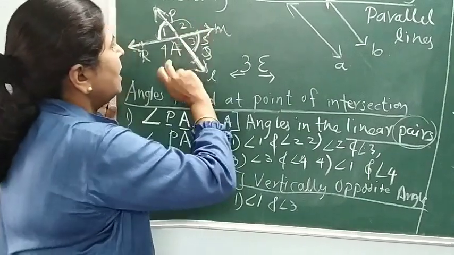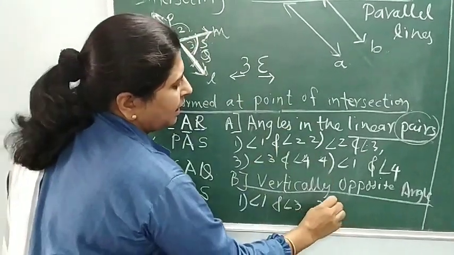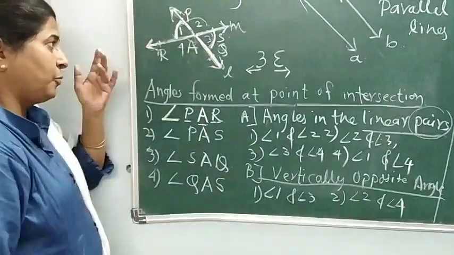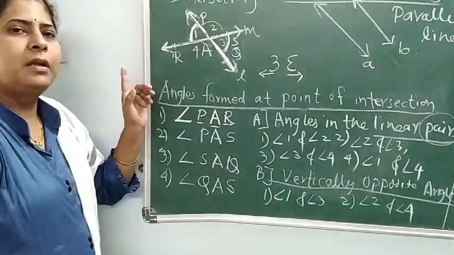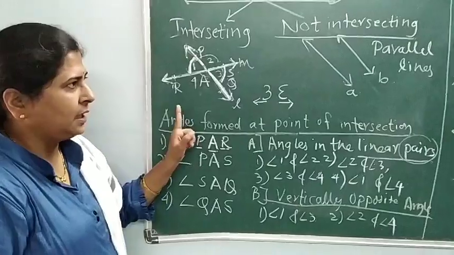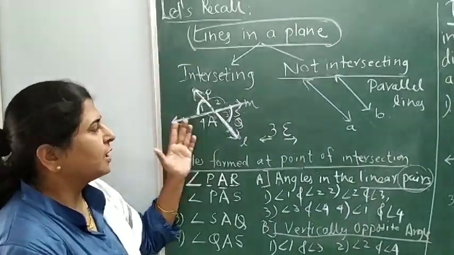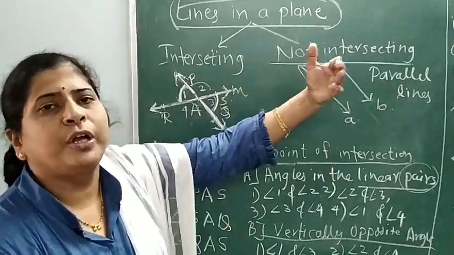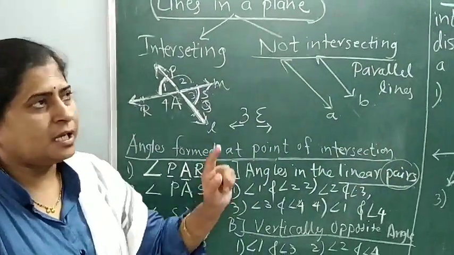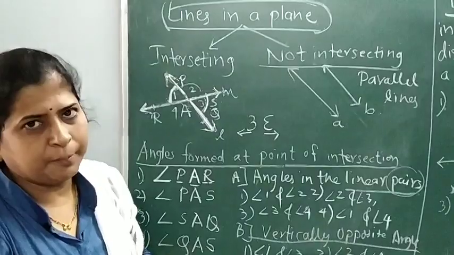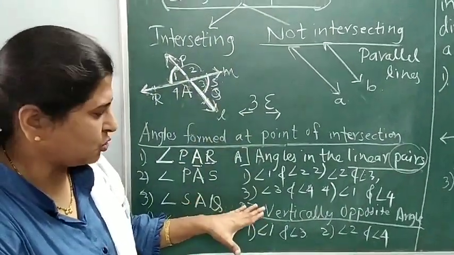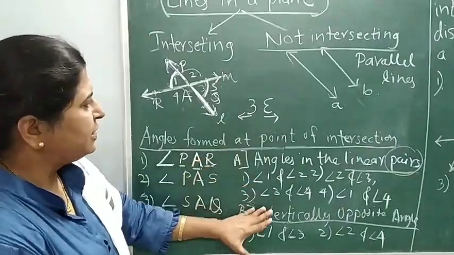This is the first pair, and for the remaining pair you can see that angle 2 and angle 4 are vertically opposite. I am recalling all this because many times students get confused between these pairs and the pairs which we are going to learn after this with respect to a transversal and parallel lines. So that's why we have recalled all these things which we have learned so far.